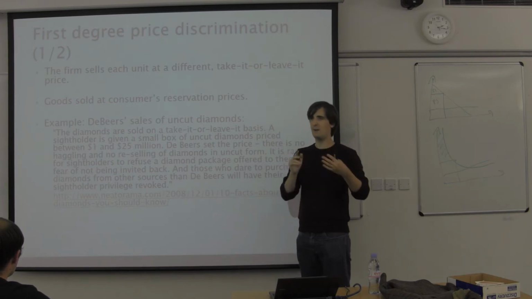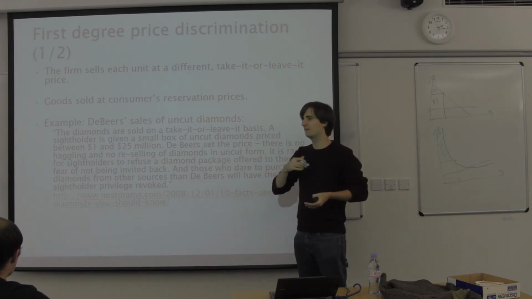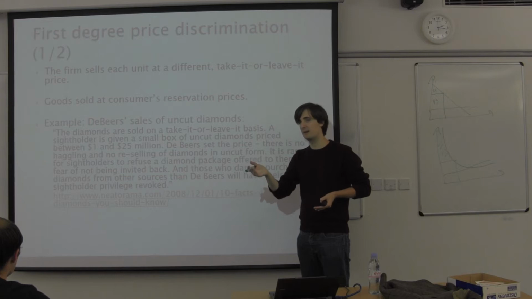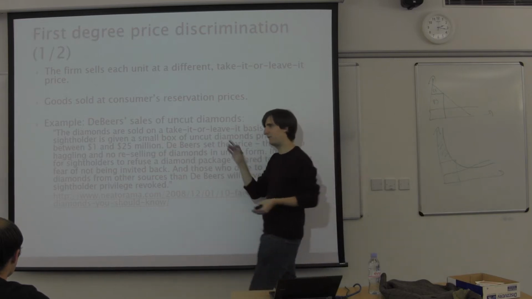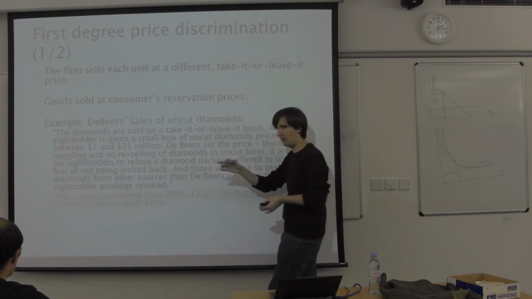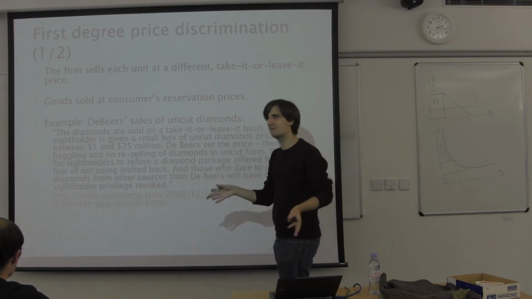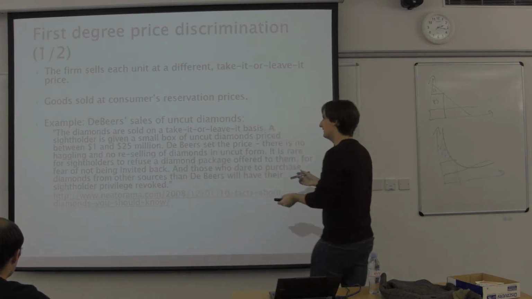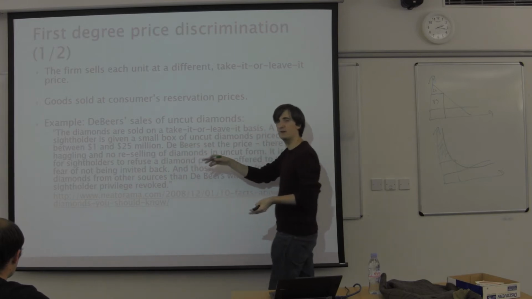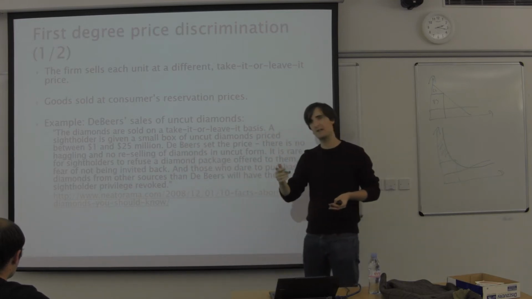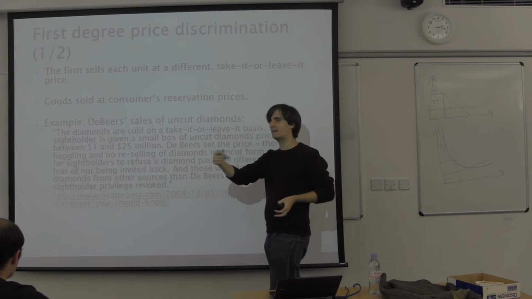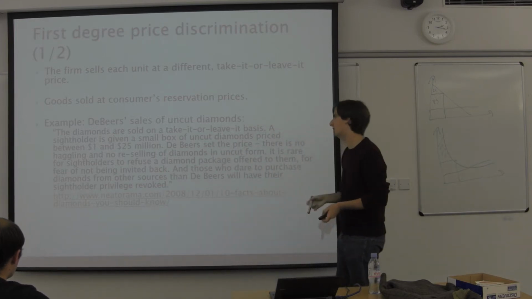If you refuse to buy at that price, De Beers says, fine, you can never buy diamonds from me again. So if you refuse to buy diamonds from them at the price they offer you, you're basically out of the diamond business for good. So you have to buy at the price they give you, and the price they give you is going to be chosen so that you're almost indifferent about buying or not buying.